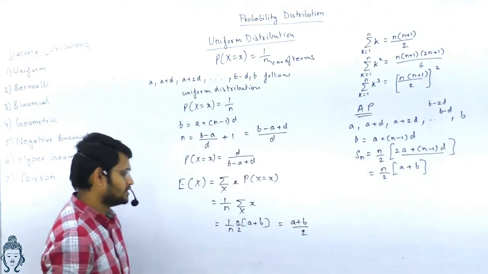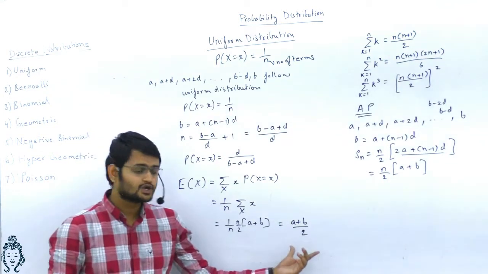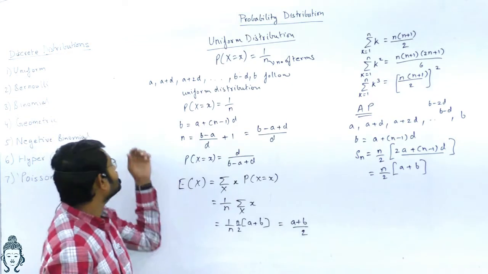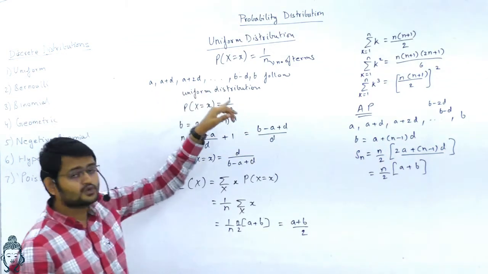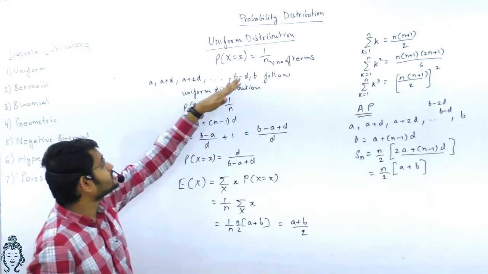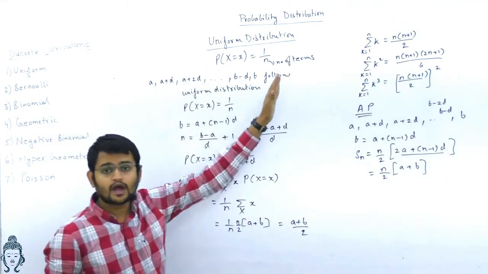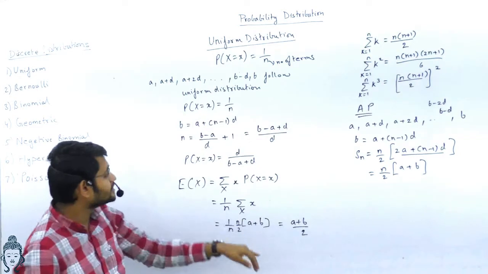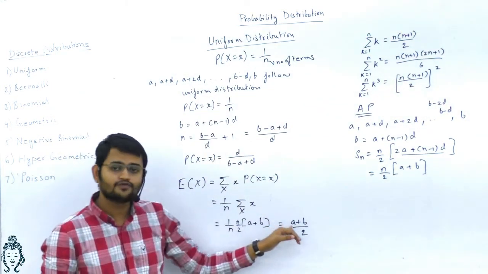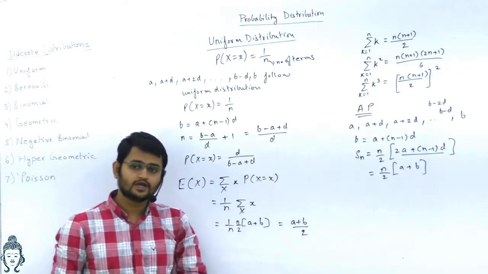It's nothing but average of first and the last term, or you can say if each value is equidistant and also equally likely to occur, then the average has to be nothing but the midpoint, and the midpoint is going to be first plus last divided by 2.